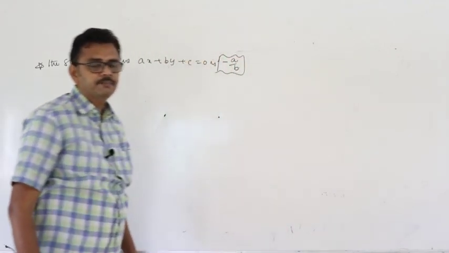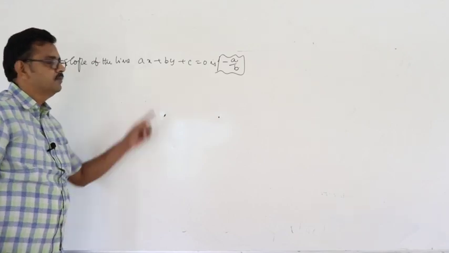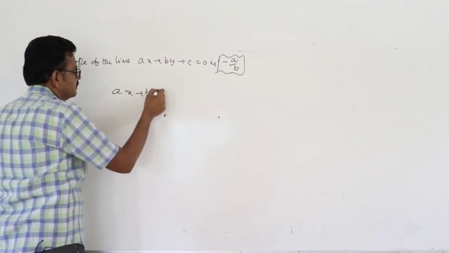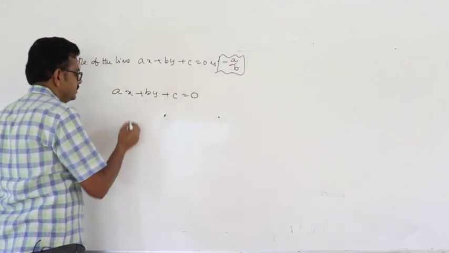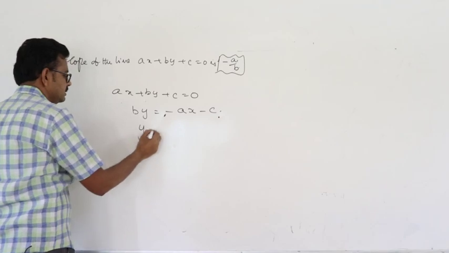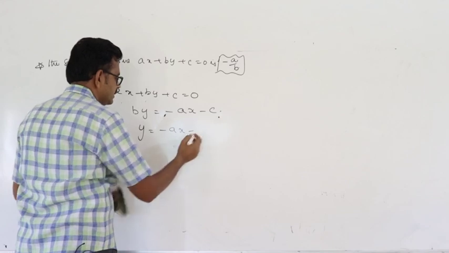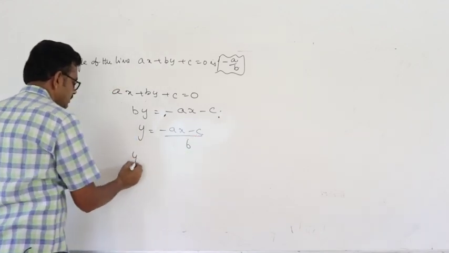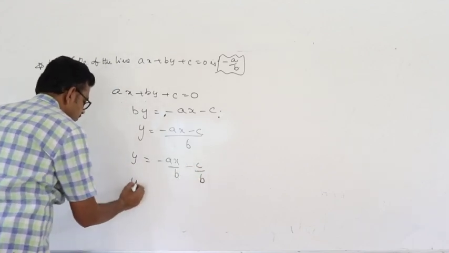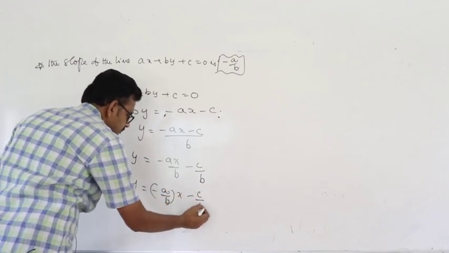What is the slope intercept form? Y is equal to mx plus c, where m is slope. This equation ax plus by plus c equal to 0, by is equal to minus ax minus c. Y is equal to minus ax minus c by b. Y is equal to minus ax by b minus c by b. That is y equal to minus a by b into x minus c by b.